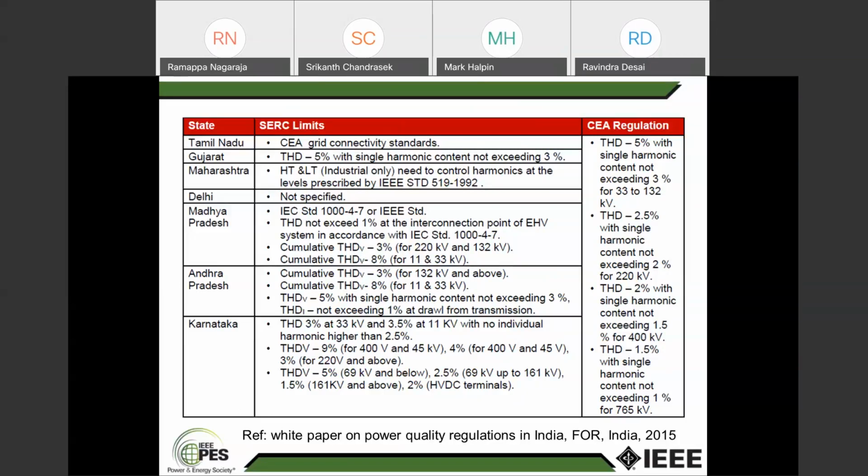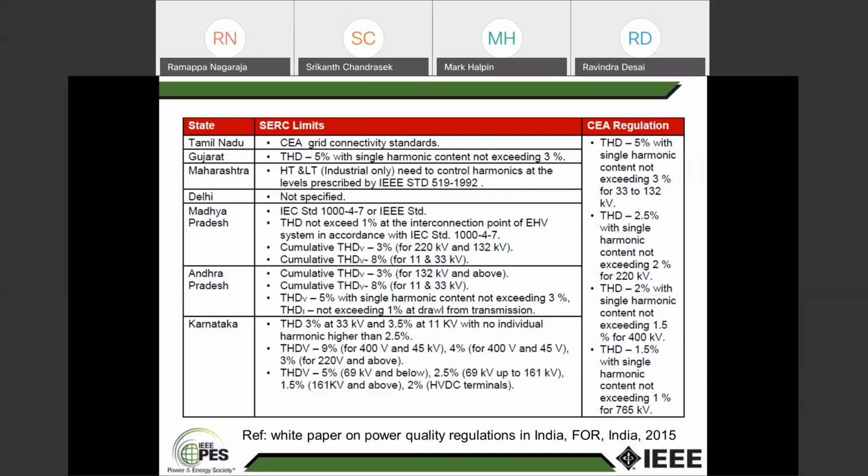In general, all of the states in the U.S. that have harmonic policies are consistent with IEEE 519. Nobody has something that's not in line with 519.